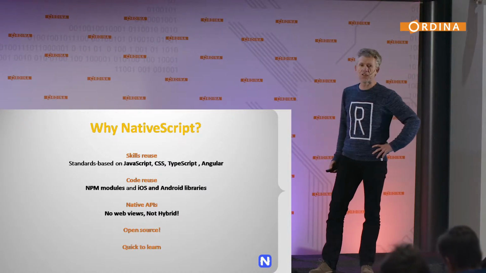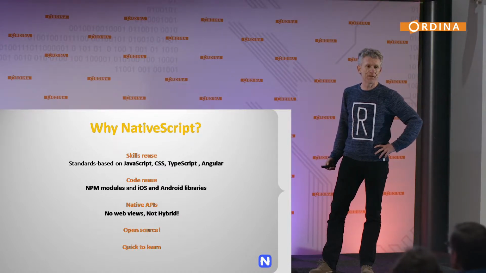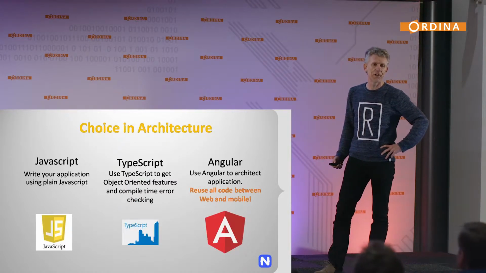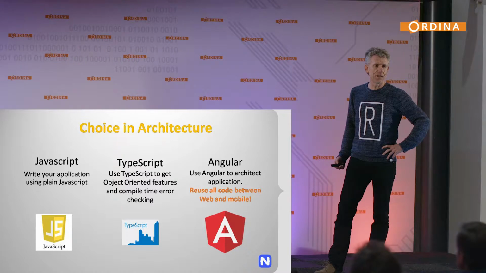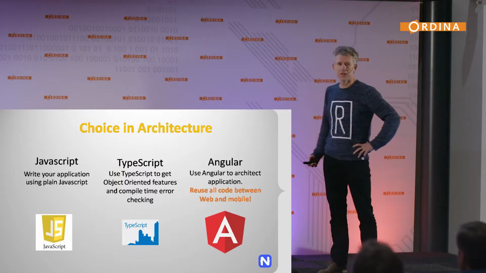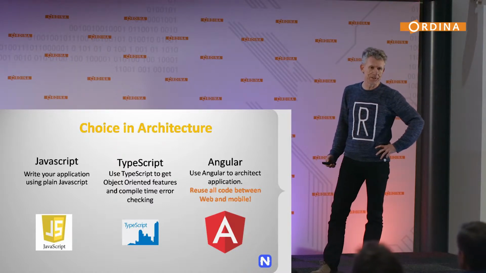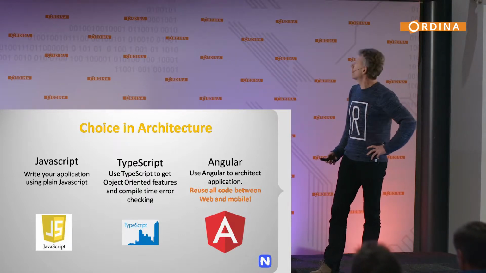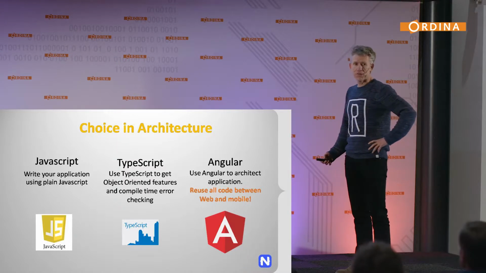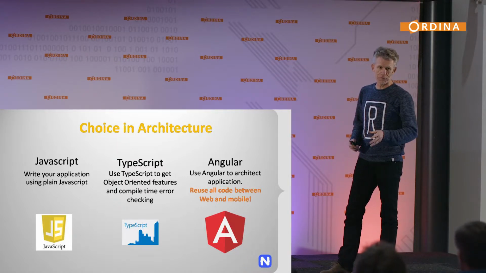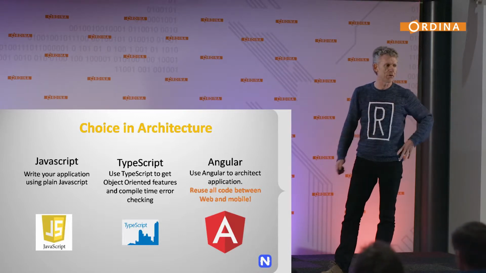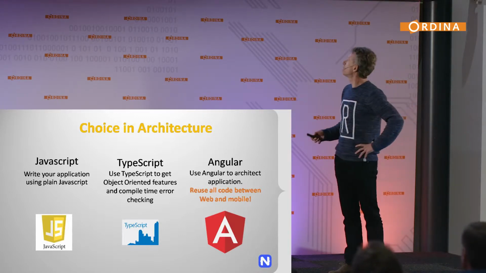You can program in JavaScript. You can also use TypeScript, a superset of JavaScript, and you can program in an object-oriented way. And you can also use Angular, and Angular is one extra big thing. You can reuse all your code from your web app in your native apps.